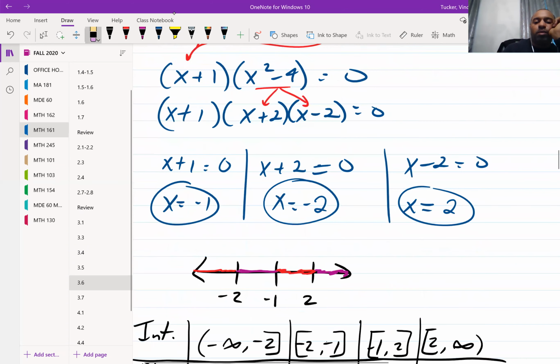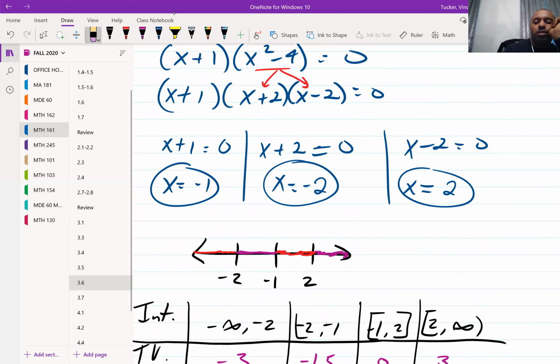And let me erase this chart stuff and talk about it. So you can see right here, our first interval is -∞ to -2, -2 to -1, -1 to 2, and then 2 to positive infinity.